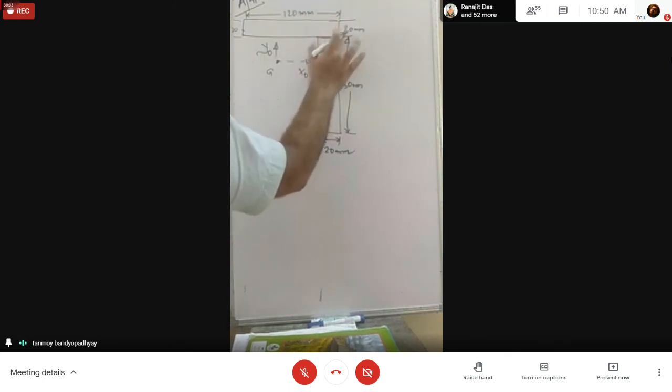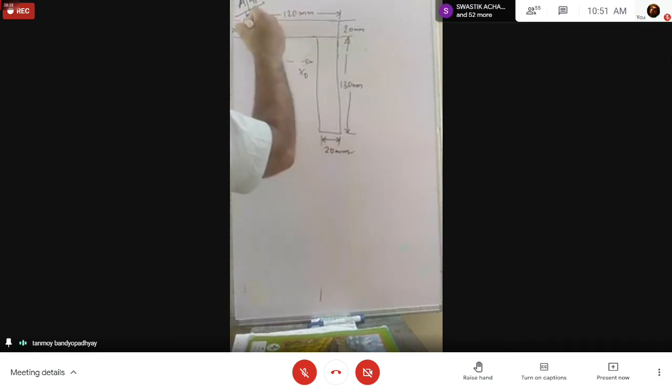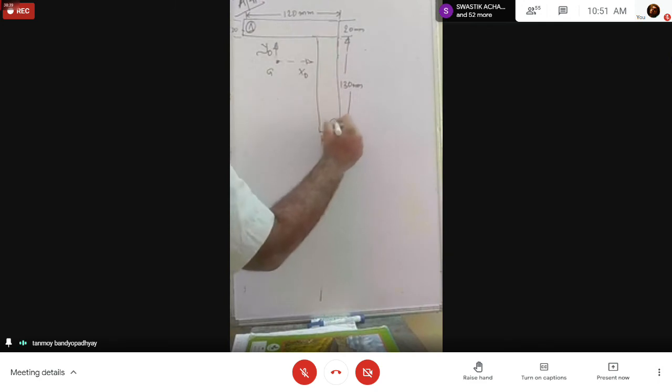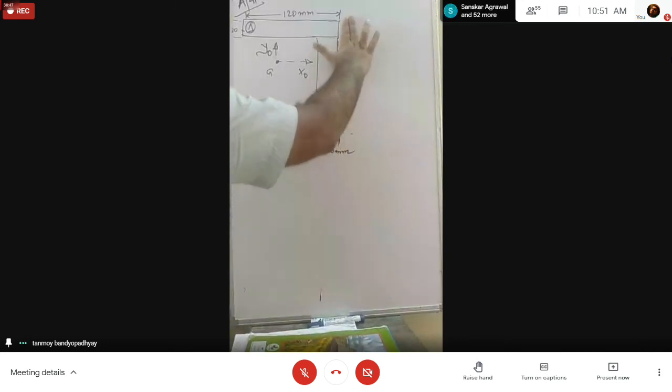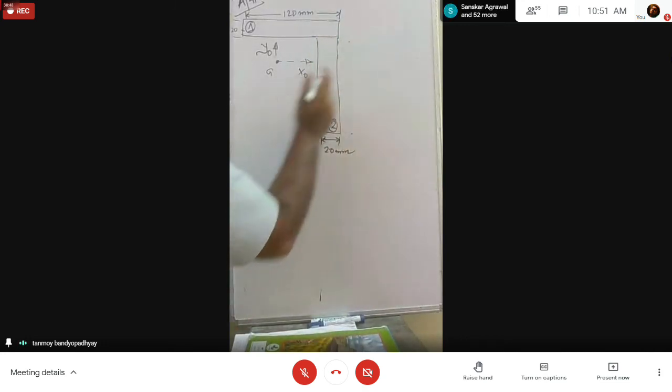আচ্ছা, so I am dividing it into two rectangles, whichever way you like, not a problem. So this is rectangle number 1 and this rectangle I am calling rectangle number 2. এই ডাইমেনশনস গুলো আপাতত মুছে ফেলছি for simplicity of drawing.